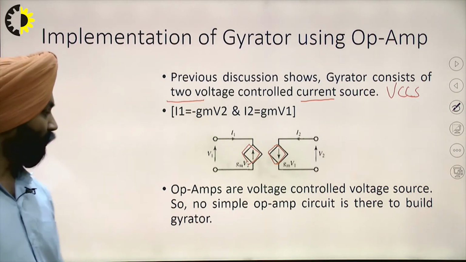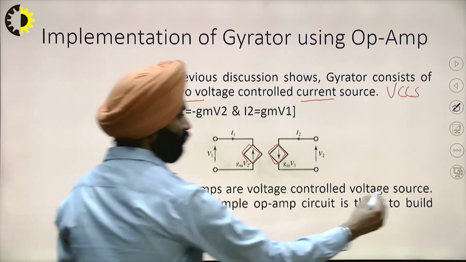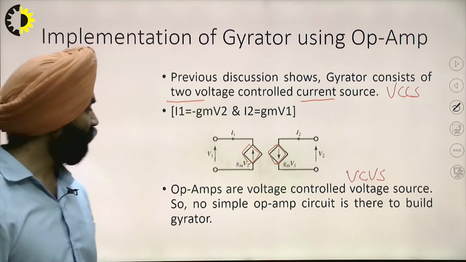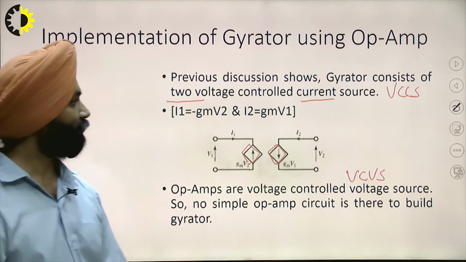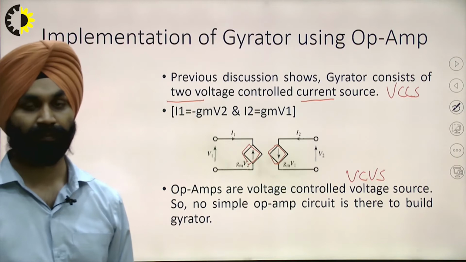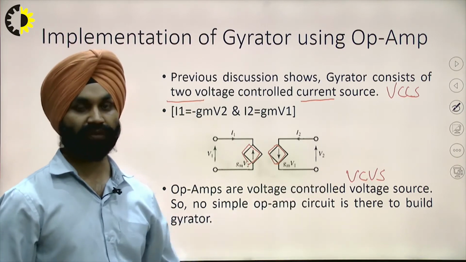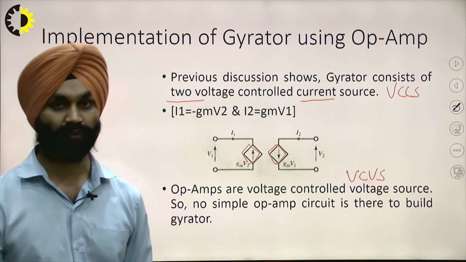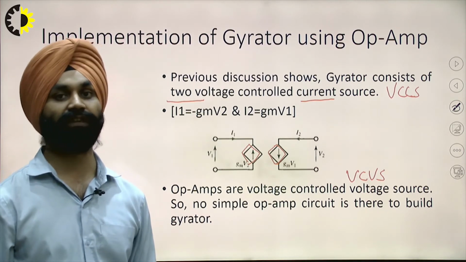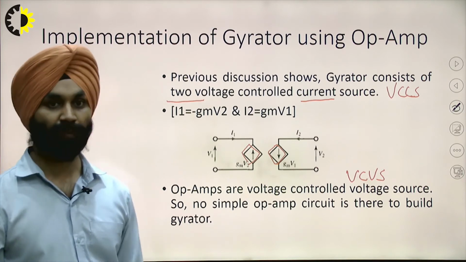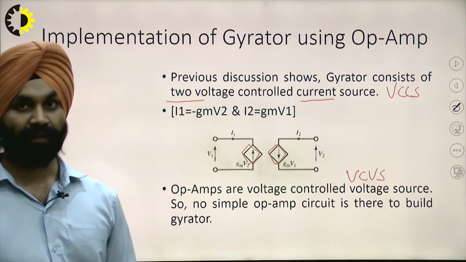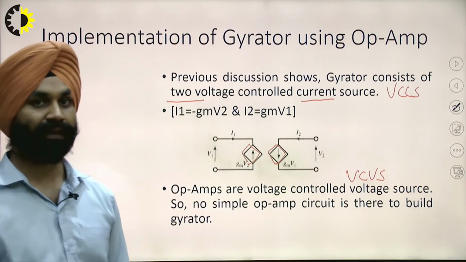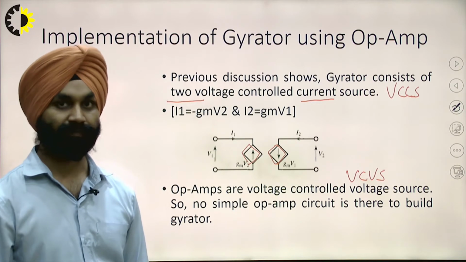Now an op-amp, which is a voltage controlled voltage source, cannot directly implement a voltage controlled current source. So we need some modification in our op-amp circuit to make it a voltage controlled current source, and that can be implemented using op-amps.